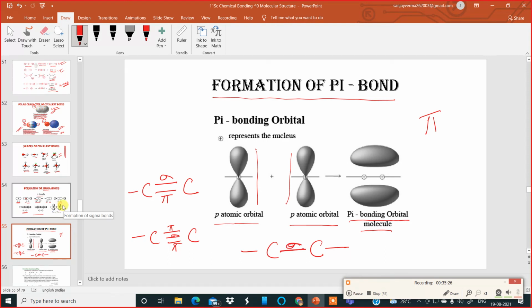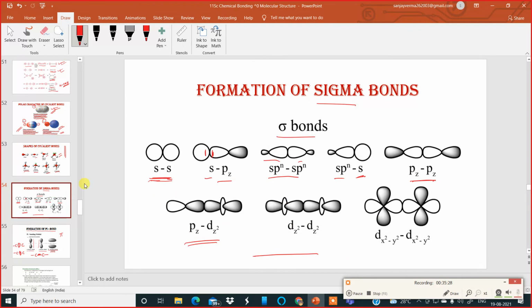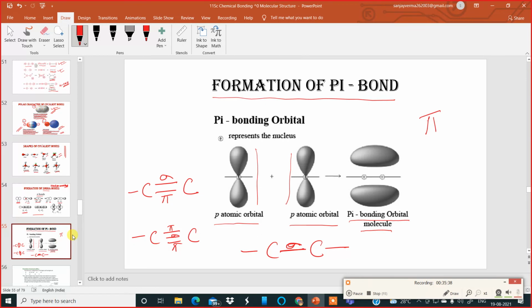So sigma bonds are the result of head-on overlap of the orbitals. But the formation of pi bond is not head-on, it is sideways overlap of the orbitals.